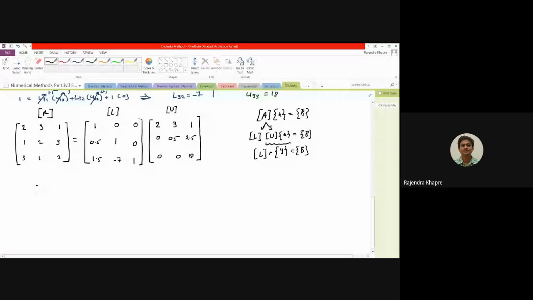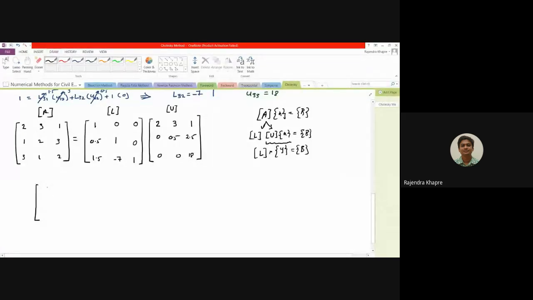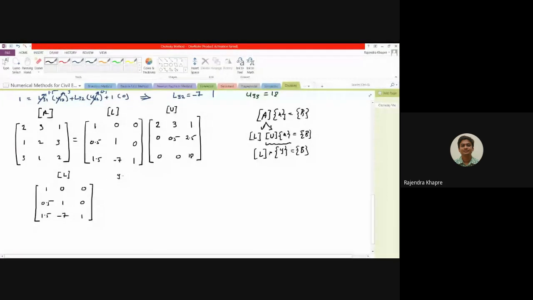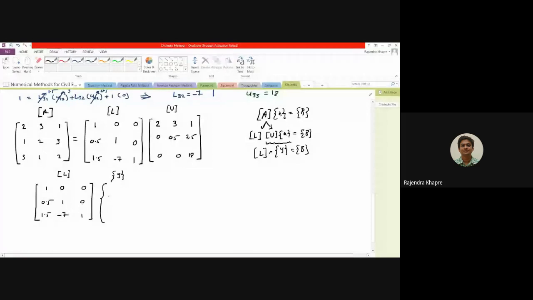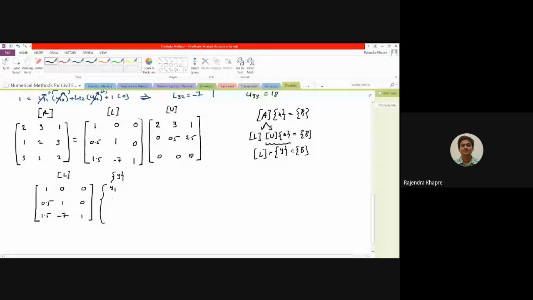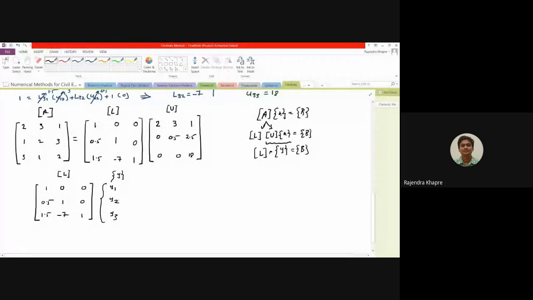Now what is my lower triangular matrix? It will be 1, 0 and 0, then 0.5, 1 and 0, then 1.5, minus 7 and 1. So this is my L matrix. This matrix is known to me, multiplied by vector Y. Since it is a vector Y, it will have y1, y2 and y3.